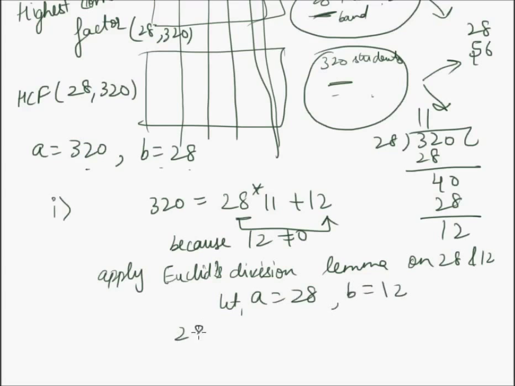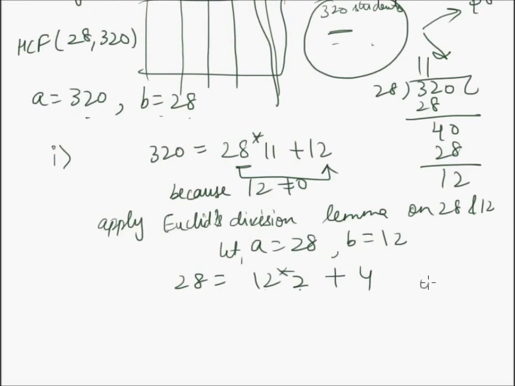So we will get 28 equals 12 into 2, which is 24, plus 4. Again 4 is no doubt less than 12, that is the B here, but 4 is not equal to 0.